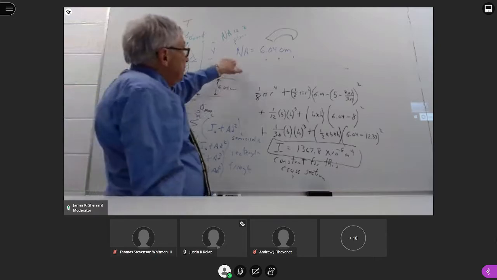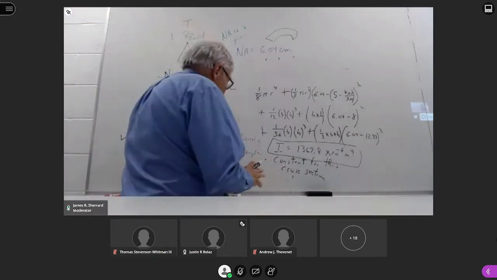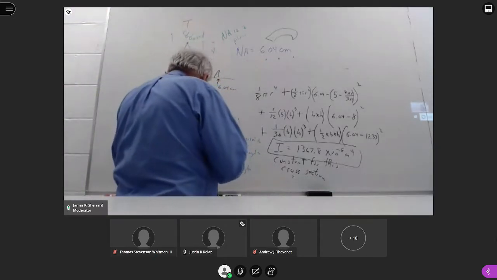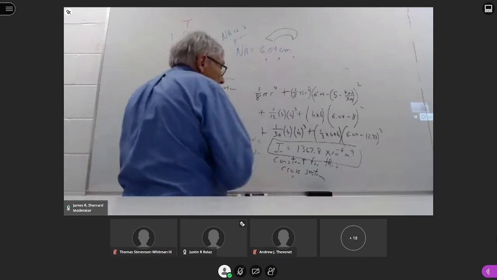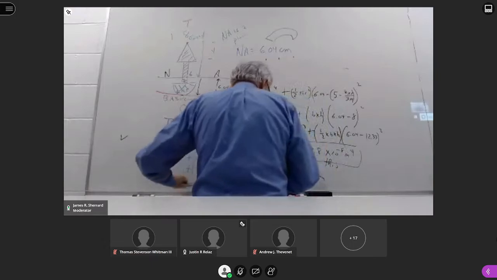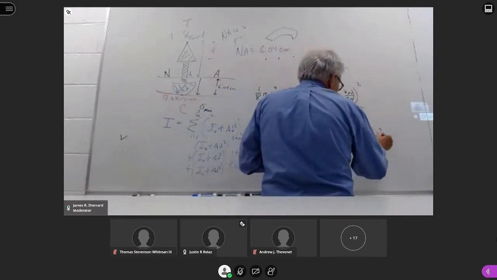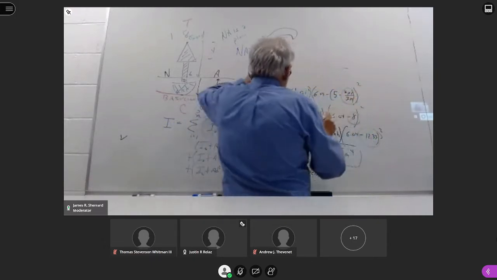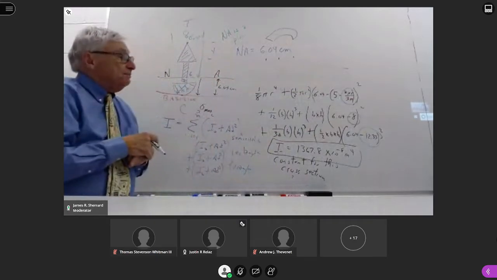When you originally worked the neutral axis, you'll find out that you used this value when you calculate the neutral axis.